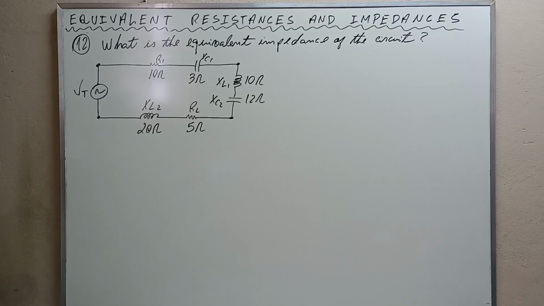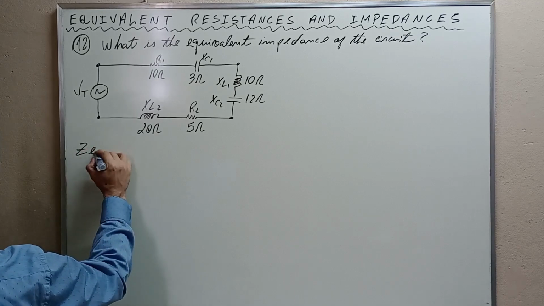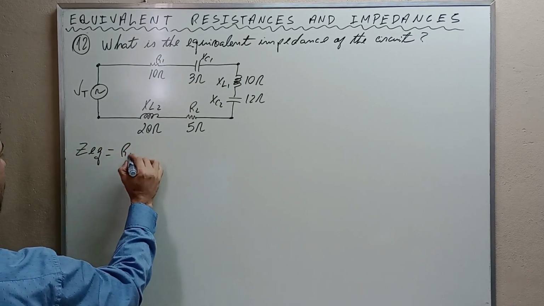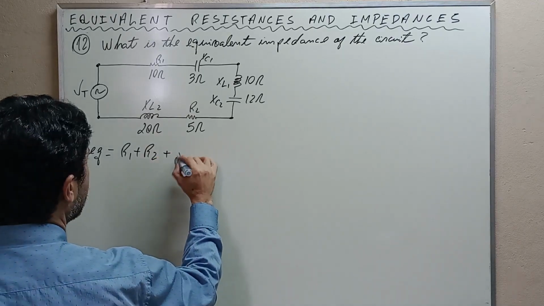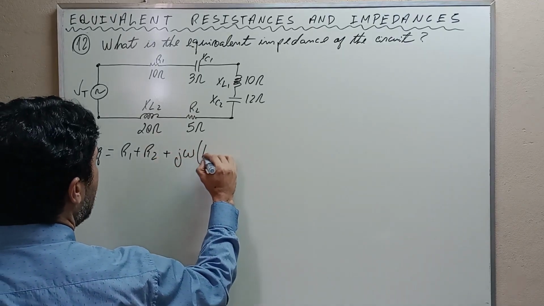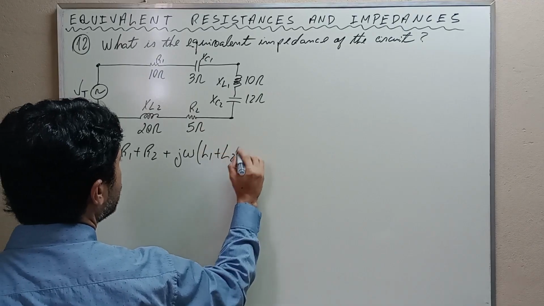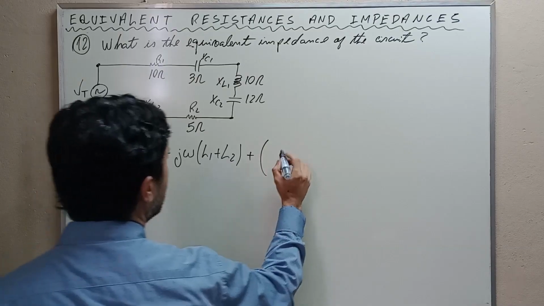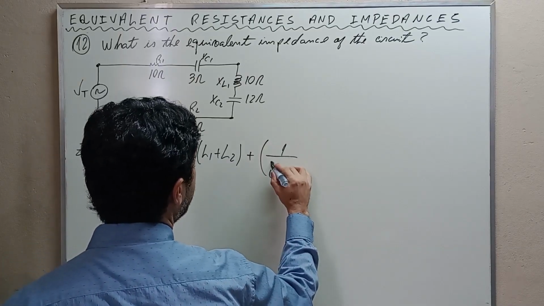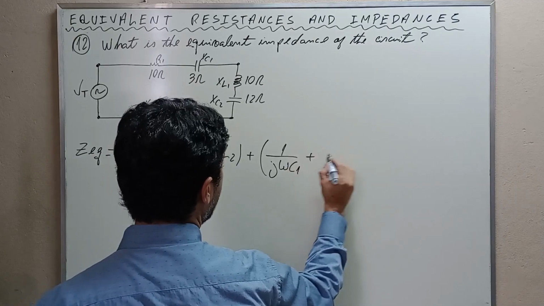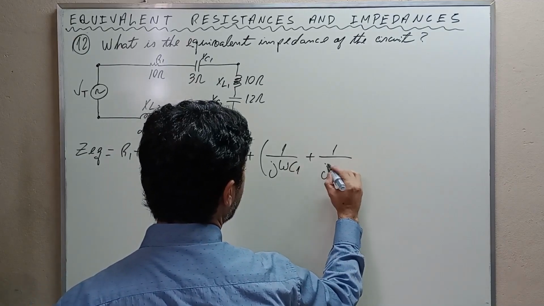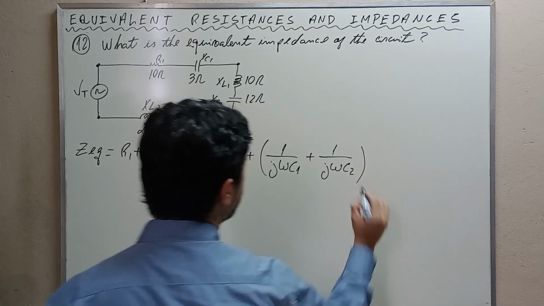Thus, the equivalent impedance is equal to R1 plus R2 plus JW times L1 plus L2 plus 1 over JW C1 plus 1 over JW C2.